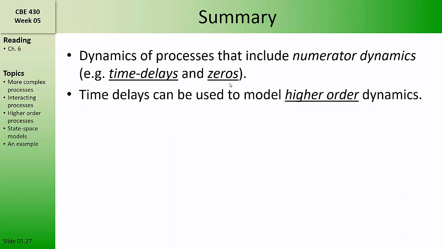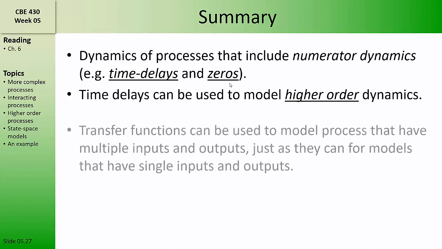We also showed how time delays can be used to model higher order dynamics. Here we saw that complicated transfer functions containing higher order numerator and denominator polynomials can be approximated using FOPTD and SOPTD models. We'll use this strategy throughout the rest of the semester to simplify more complex transfer functions.